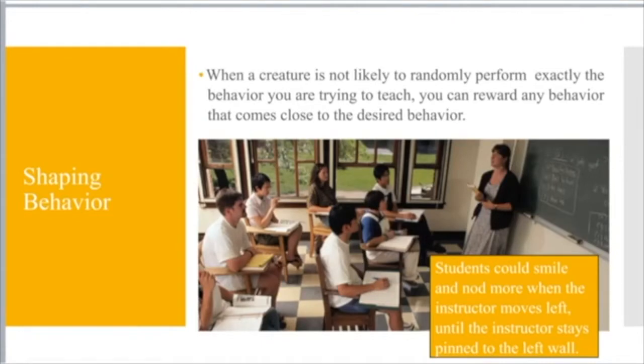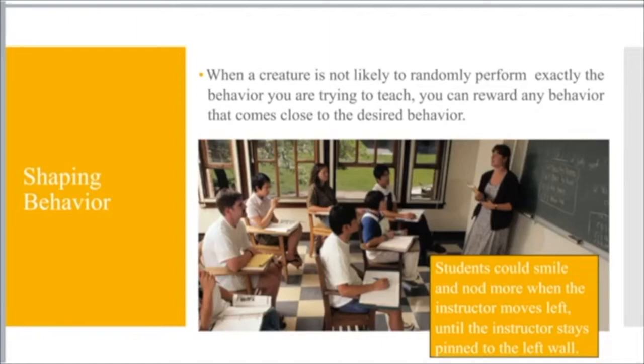When a creature is not likely to randomly perform exactly the behavior you are trying to teach, you can reward any behavior that comes close to the desired behavior, right? A more realistic example of this would be the seal example that we referenced at the beginning of this lecture. Seals aren't naturally going to balance a ball on their nose, right? That's not what they're born to do. They might nudge it up into the air, or they might touch it with their nose, and maybe they're not balancing it quite yet, but you can reward that.